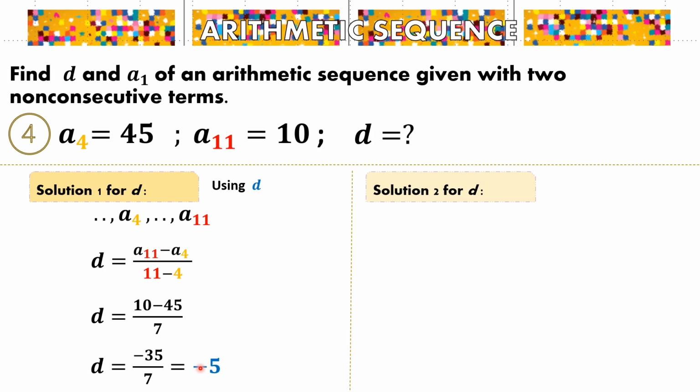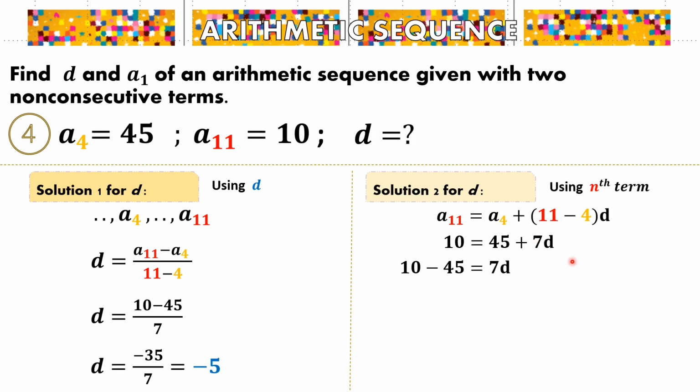Okay, let's have solution 2 by using the nth term. So we'll be using the last term, which is a sub 11 equals a sub 4 plus 11 minus 4 times d. So a sub 11 is 10, and then a sub 4 is 45. 11 minus 4 is 7 times d.